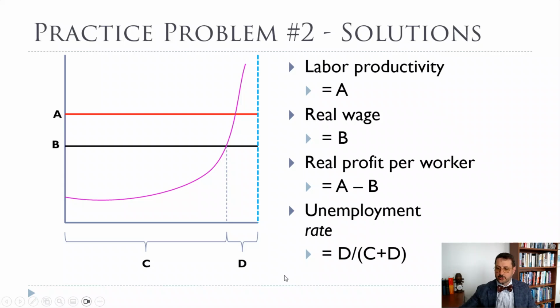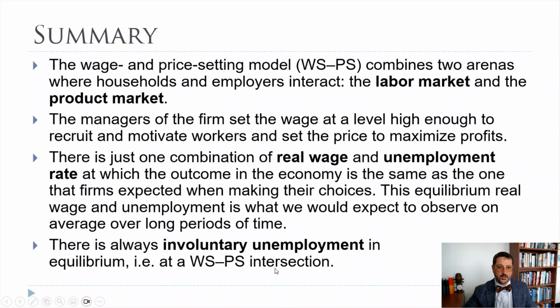All right, so that is the end of chapter 1. This is an important chapter because it builds our model that we're going to come back to again and again. So even if you don't feel like you have a complete grasp of the wage-setting, price-setting model yet, we'll come back to it.